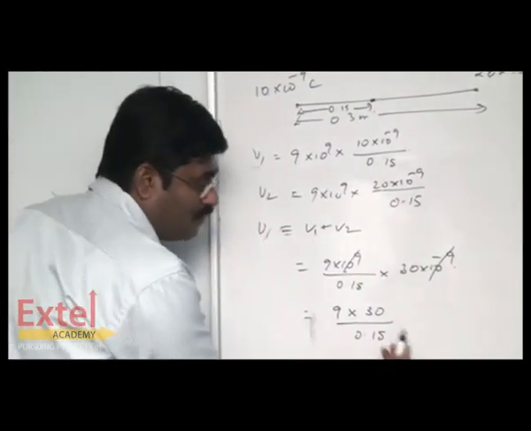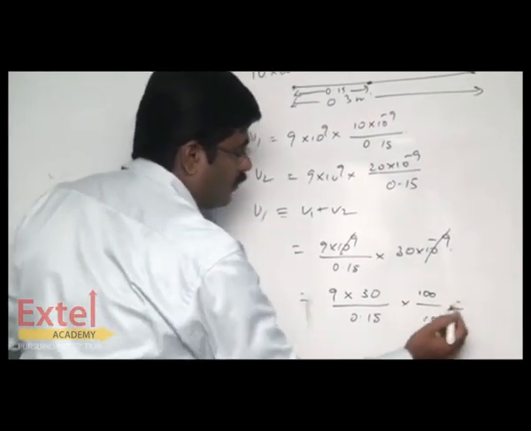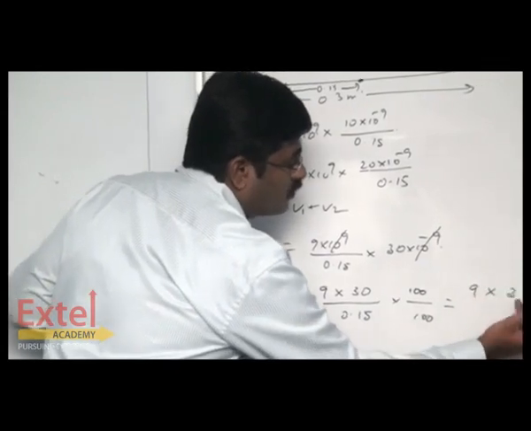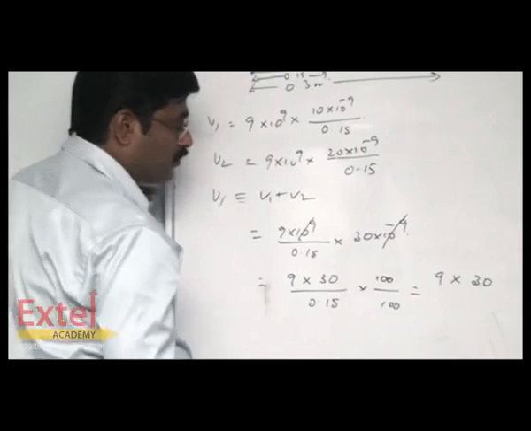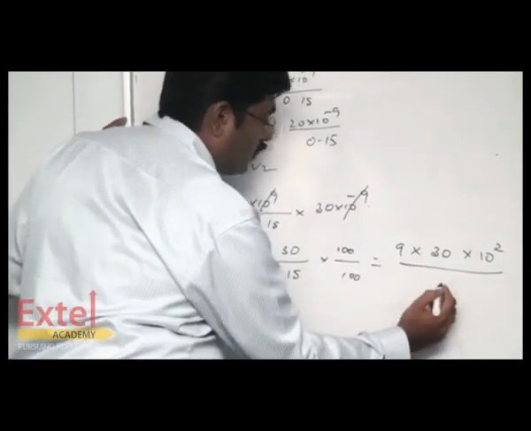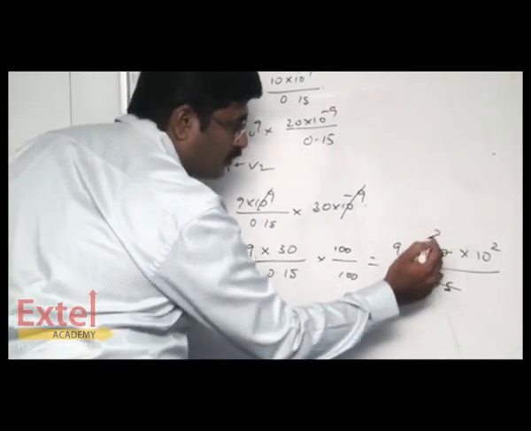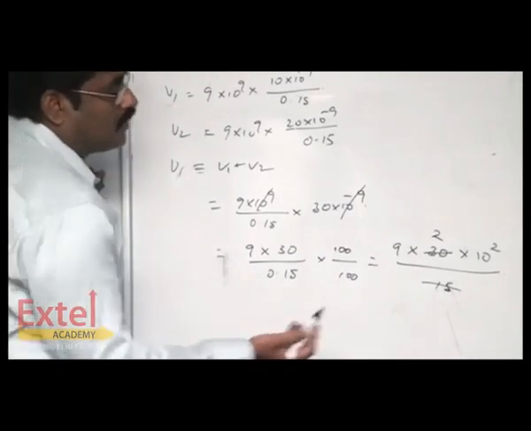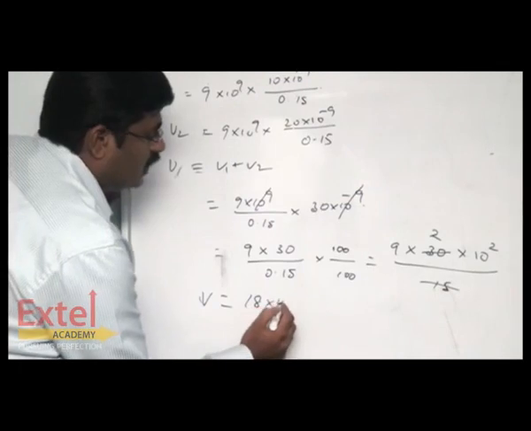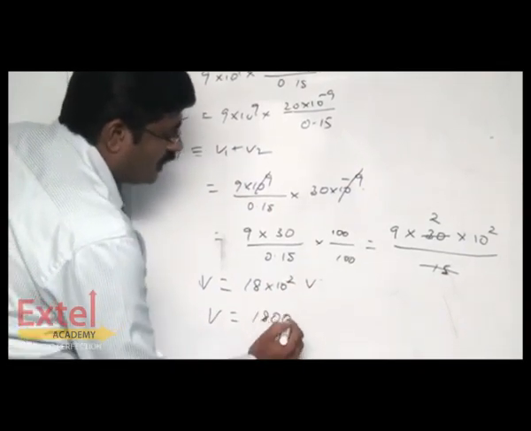Now, if you want to make 0.15 a whole number, you multiply by 100 and divide by 100. It becomes 9 into 30 into 10 to the power 2 by 15. Now divide: 2 fifteens are 30. So V is equal to 18 into 10 to the power 2 volt. So V is equal to 1800 volts.